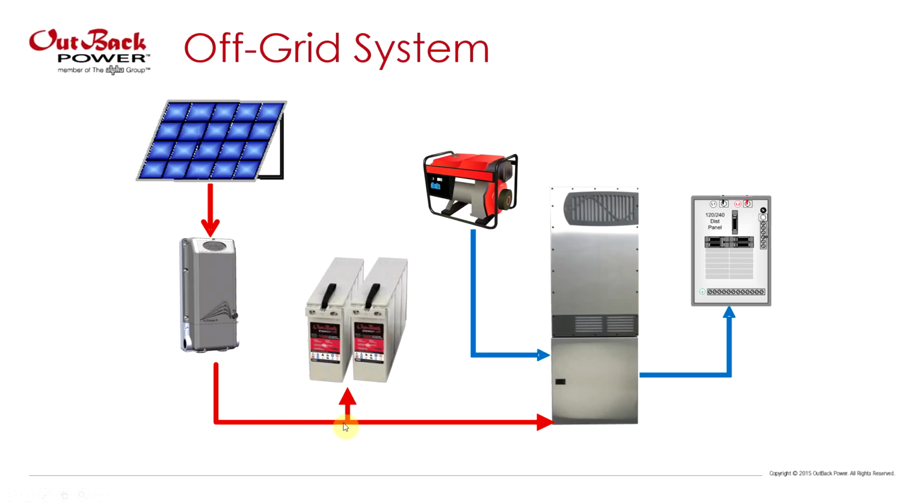So electrons may flow freely from the charge controller to the battery, or it could go directly to the inverter, depending on the loads and the state of charge of the batteries. So that energy, that electricity that you're generating, can flow either to the batteries or to the inverter, or in this case, our inverters also happen to charge our batteries as well, so it could flow back here.